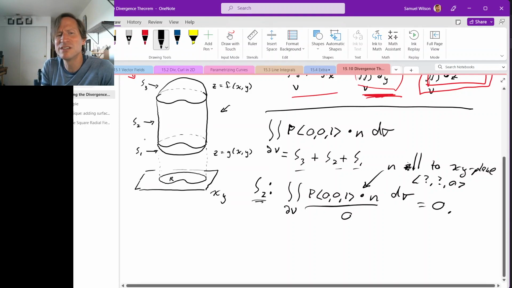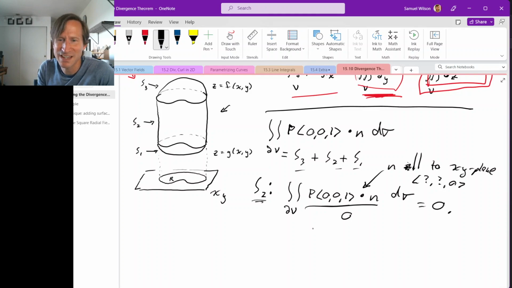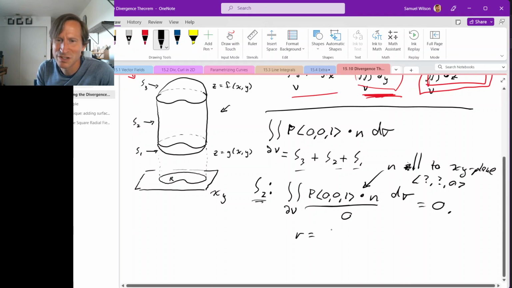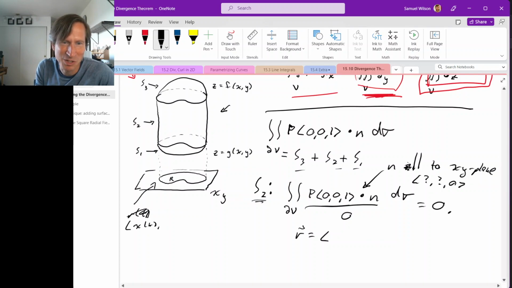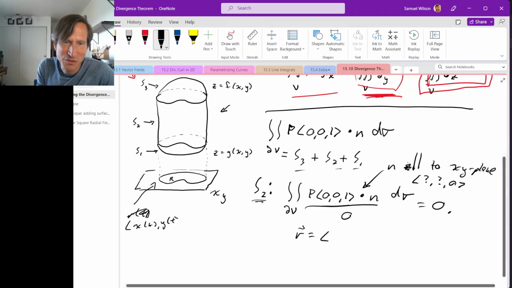If you wanted to explicitly parameterize this surface S2, there's going to be some boundary down in the xy plane, so let me write this boundary as x(t), y(t) for the boundary of the region that we're sitting over in the xy plane.